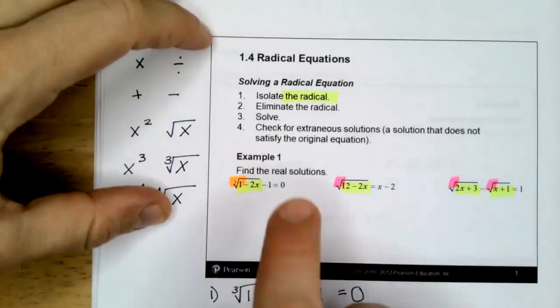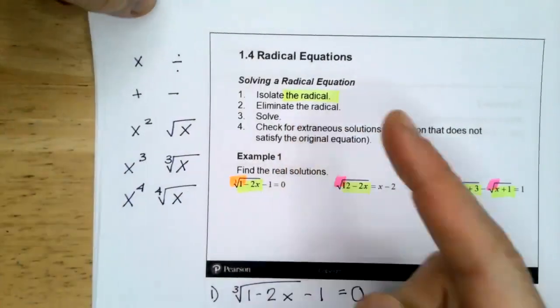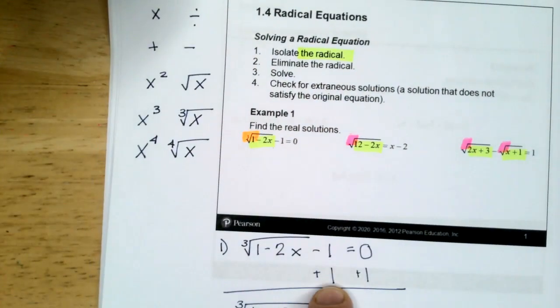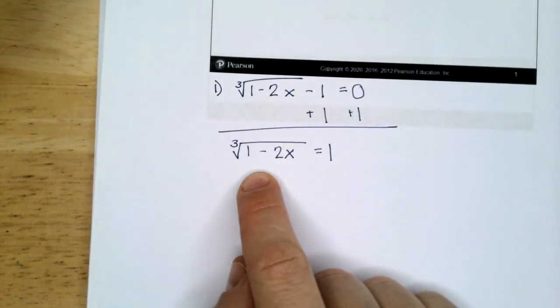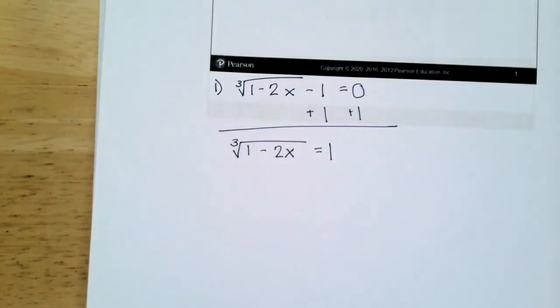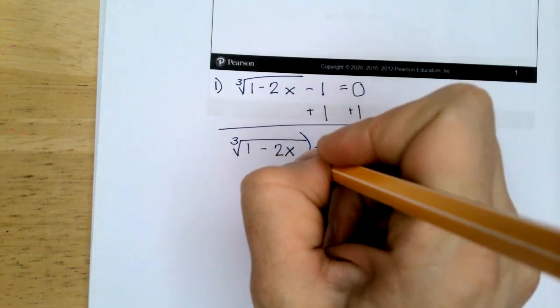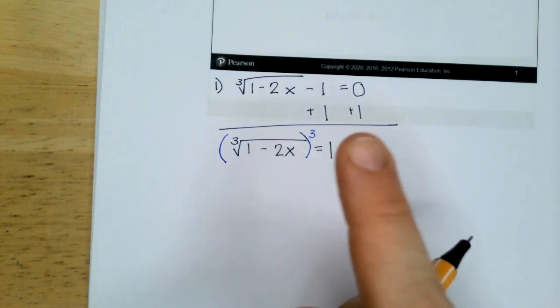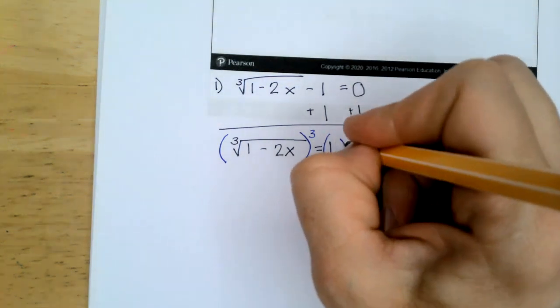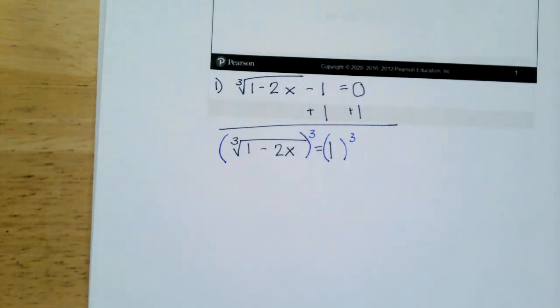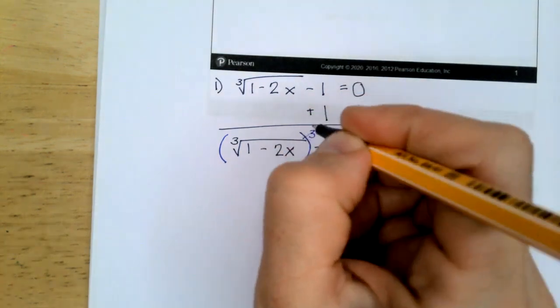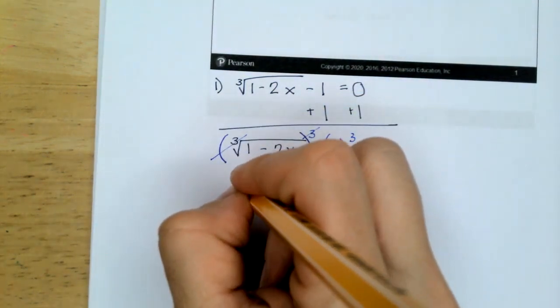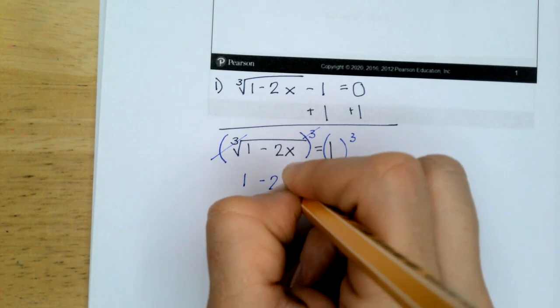The next step is eliminate the radical. How do we eliminate? Just like we eliminated subtraction by adding, we're going to eliminate the third root by taking this same term to the third power. Anything I do to this side, of course, I have to do to this side. Good. This eliminates this, so now we just have 1 minus 2x on this side.